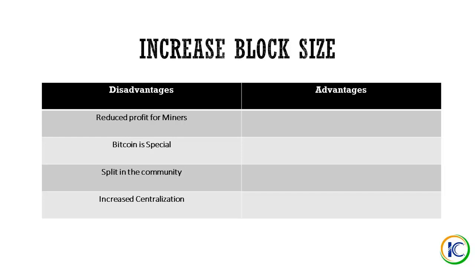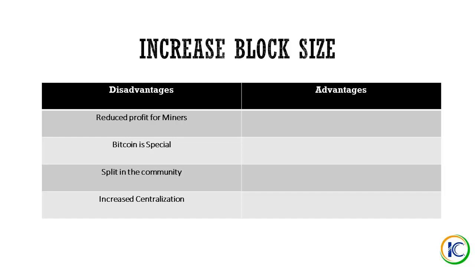The fourth disadvantage is that it's going to increase the centralization in the Bitcoin network. Since the block size increases, the amount of processing power required to mine these Bitcoins will also increase.